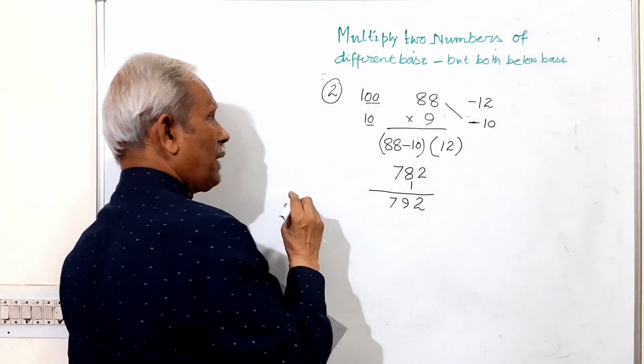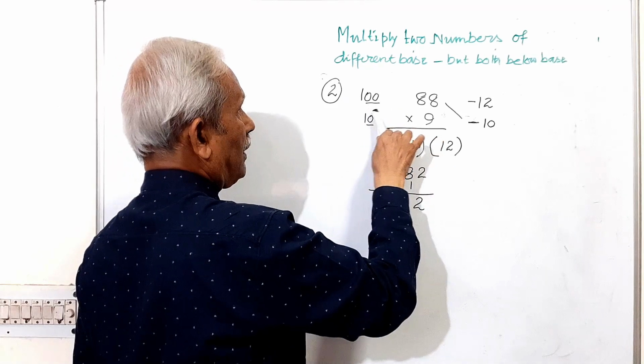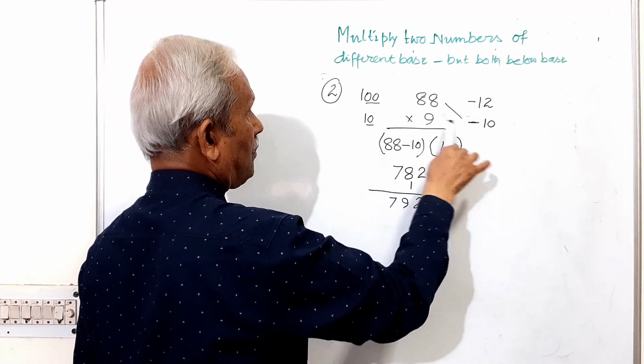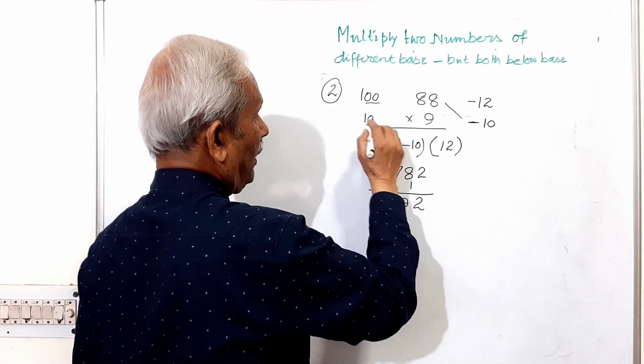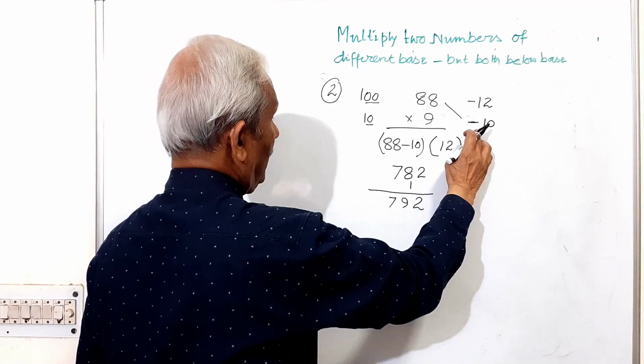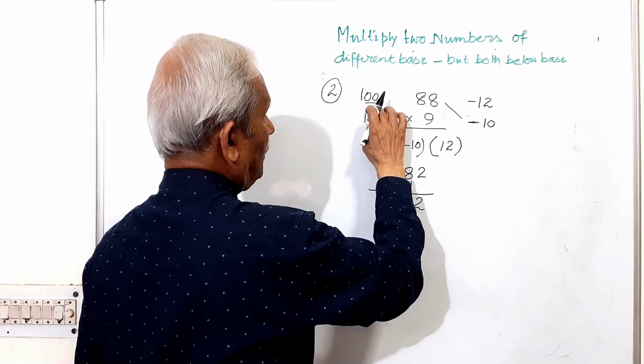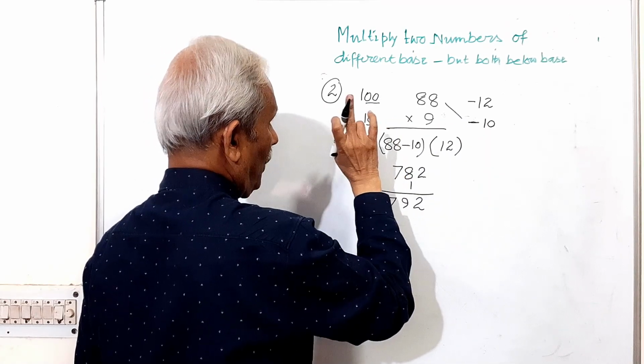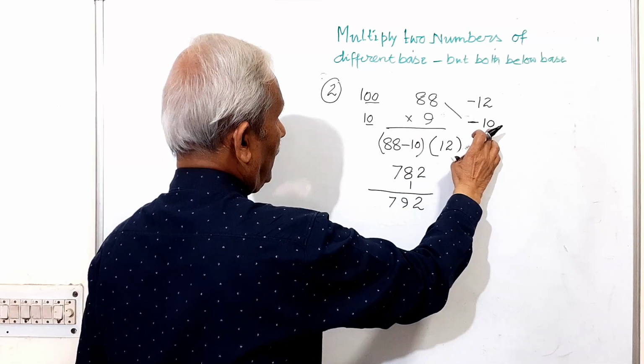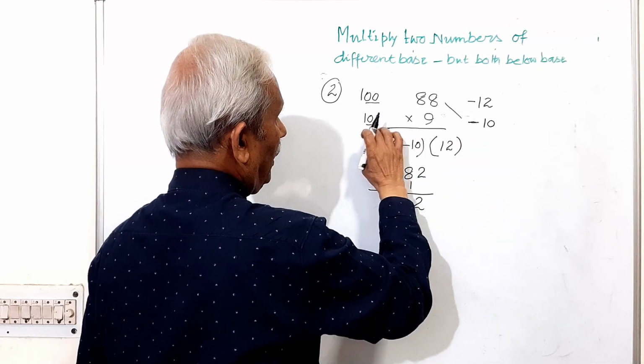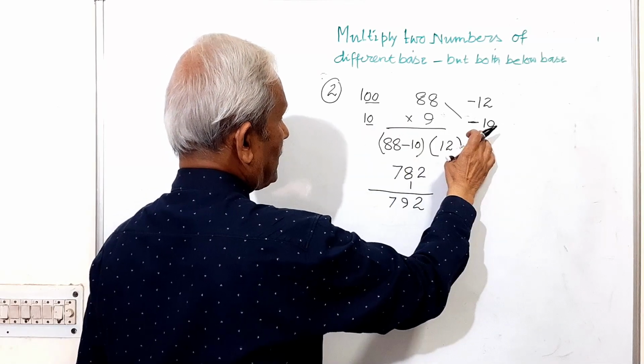I repeat it once again. 88 minus 100 is minus 12, 9 minus 10 is minus 1. Now here, since the difference in zeros is 1, write down 0 here below the number connected to the lower base.